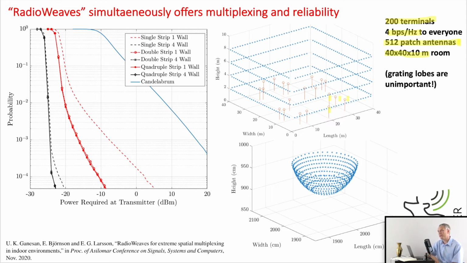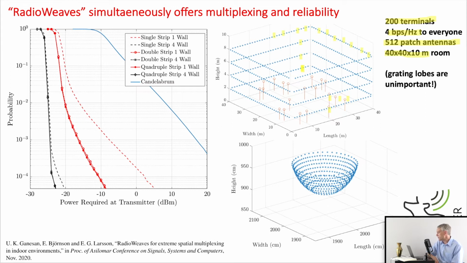And then the two scenarios that we compare are, on one hand, a radio weaves deployment where the antennas are spread out on the walls, like in the figure here, with several wavelengths in between. So there's no real antenna array in the classical sense. It's more like antennas are spread out over the walls. And in this particular configuration, we have them as stripes. So each wall carries 4 stripes like this.